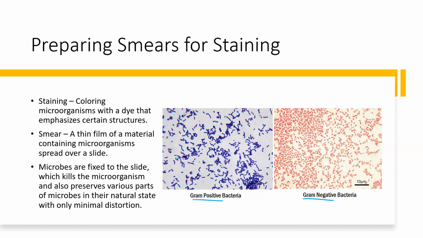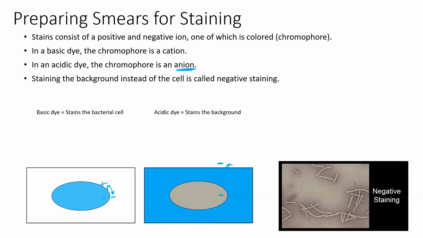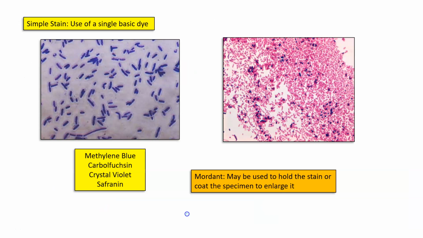Both of these stains would have used a basic dye, which allowed the dye to adhere to the negatively charged bacterial cells. But in the case of a negative stain, we would employ an acidic dye, and that would lead to negative staining. That is the big difference.